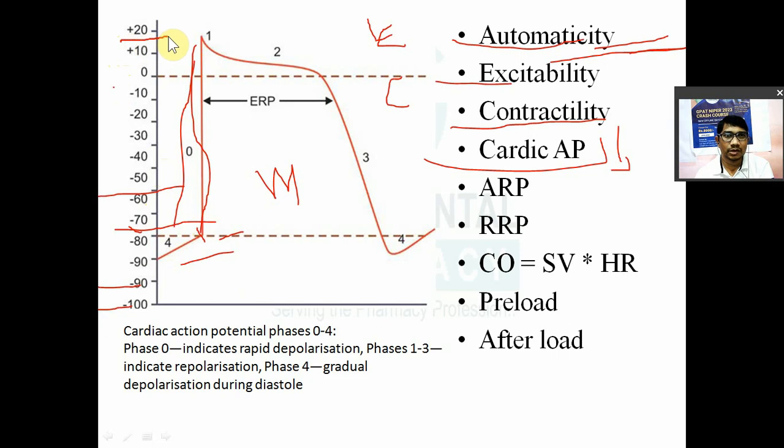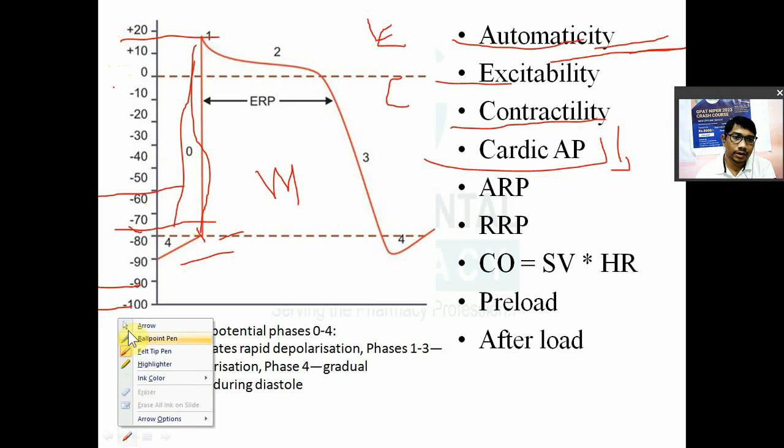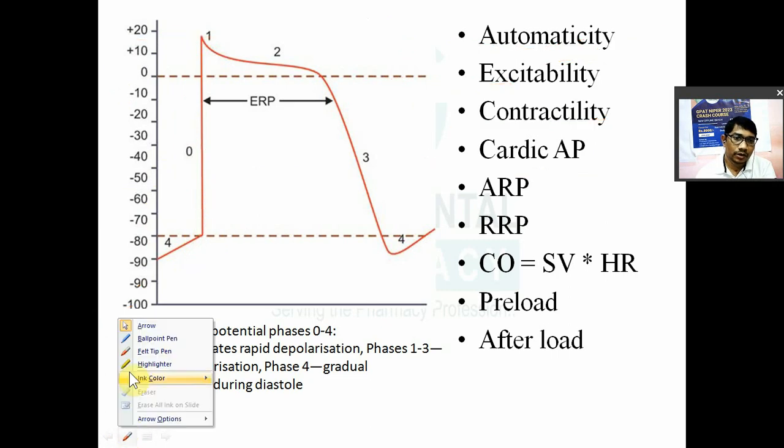This phase is known as rapid depolarization, phase 0, and it is because of the entry of sodium ions inside the cell, the phase 0 of the action potential.